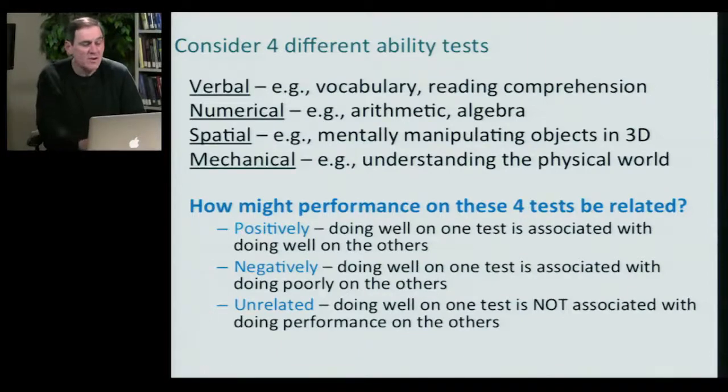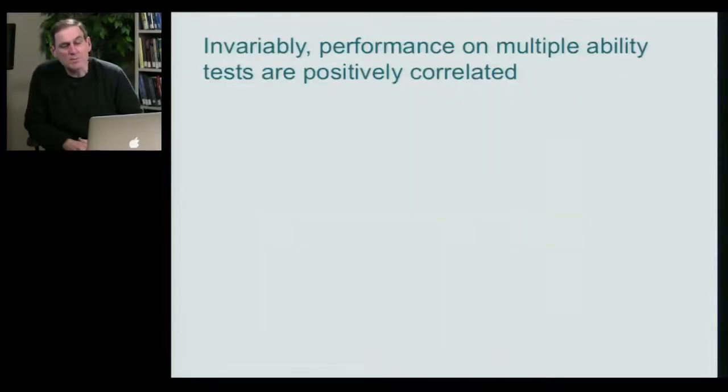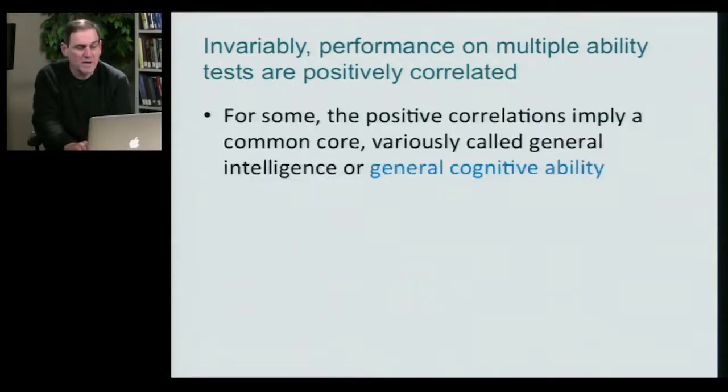In fact, one of these is invariably always true if you actually did this study. Invariably, performance on multiple ability tests is positively correlated. And because they're always positively correlated, for some psychologists, the existence of these positive correlations implies the existence of something common to them.